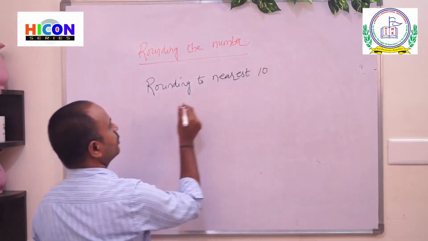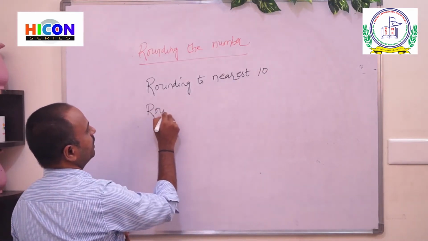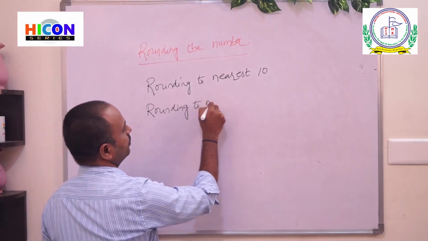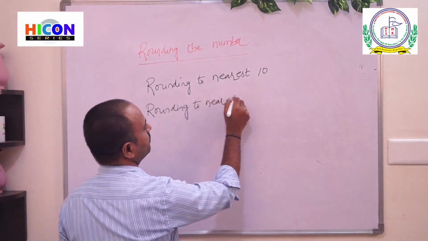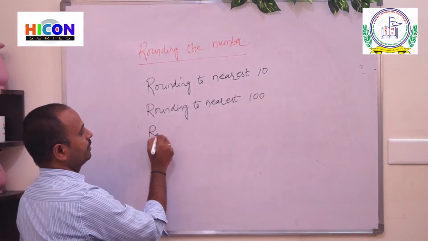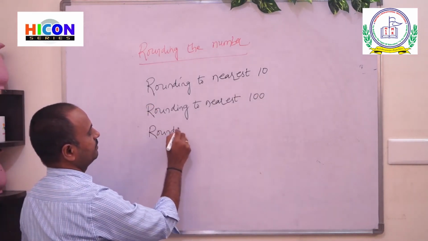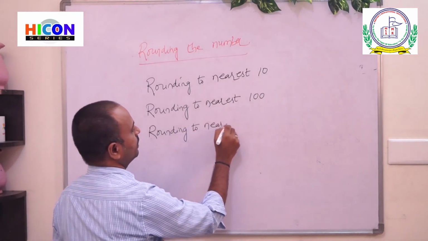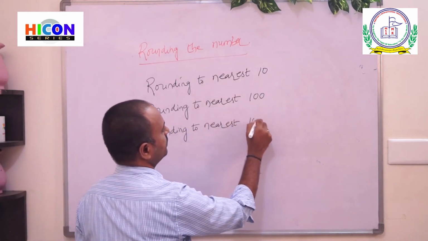The second one is rounding to nearest 100. And the third one is rounding to nearest 1000.